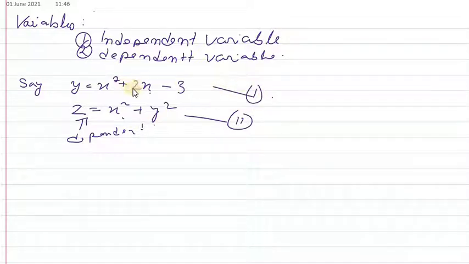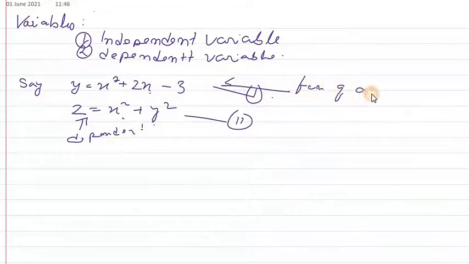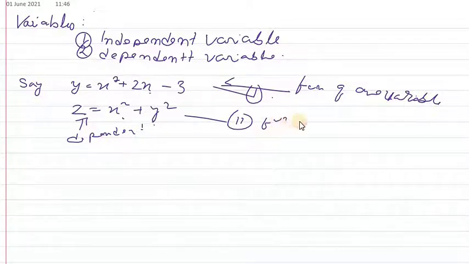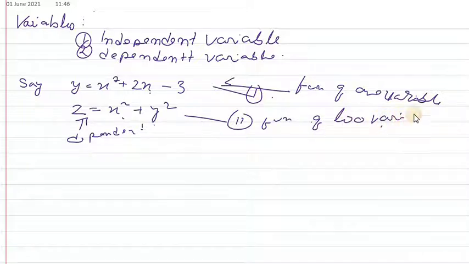So this is a function of one variable, and this is a function of two variables.